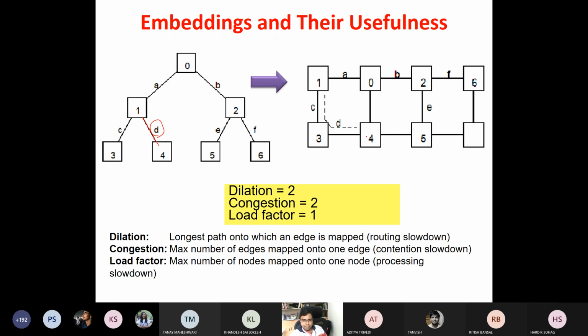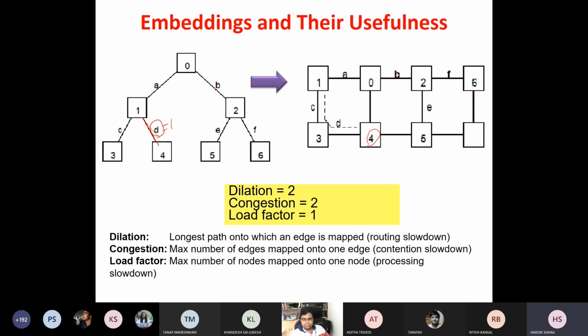That's why this 4 is mapped here, and the edge DH of the source is getting 2 edges of the target network. So this DH here is 1, but whenever you do the embedding, this DH is transformed to actually 2 edges. That means there will be a routing slowdown, because this D path, a single hop, is now getting converted into 2 hops. Is it clear?